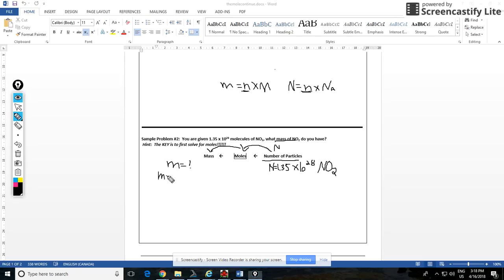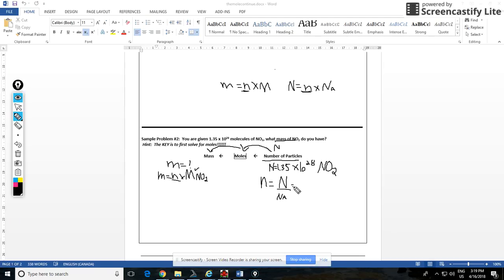To find the mass, you need the number of moles times the molar mass of NO2. And we can find the molar mass of NO2 using the periodic table. What we're missing to use this formula is the number of moles. So what we need to do is convert the number of particles into number of moles. You can do that by using the formula, number of moles is equal to N over Na.